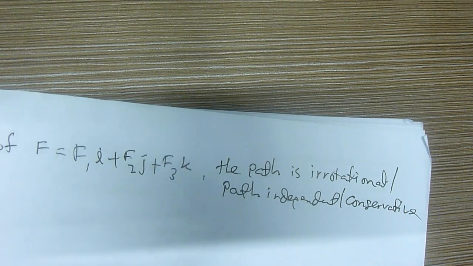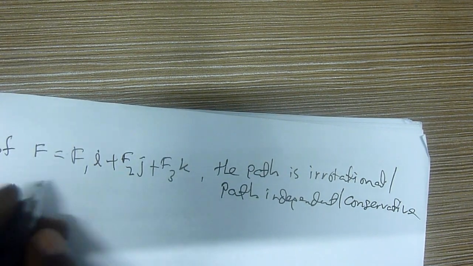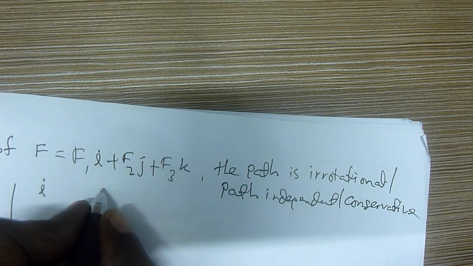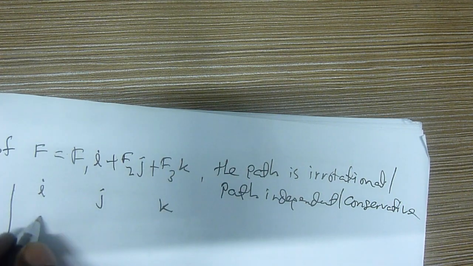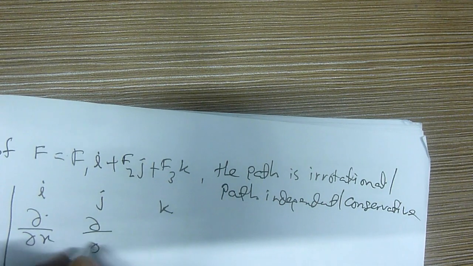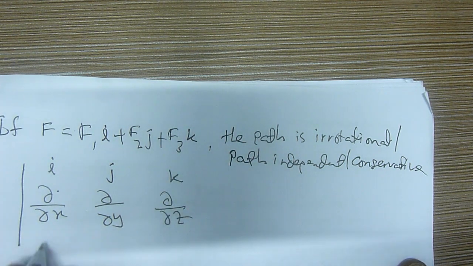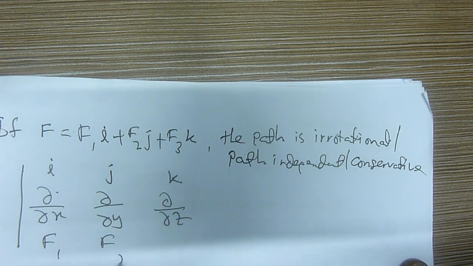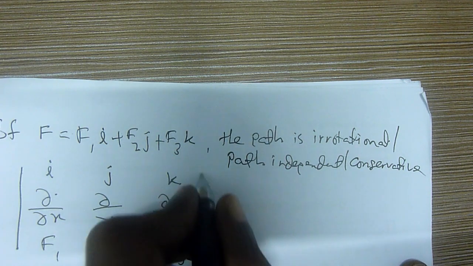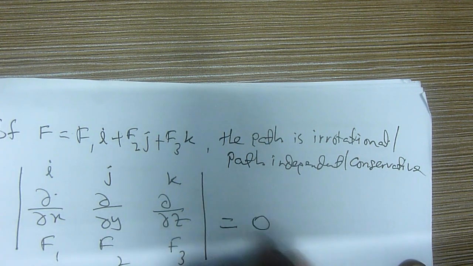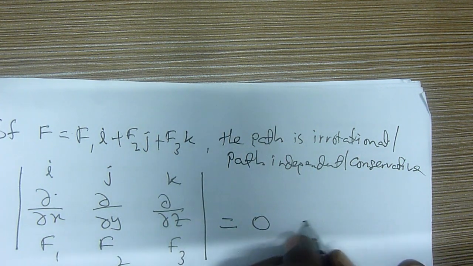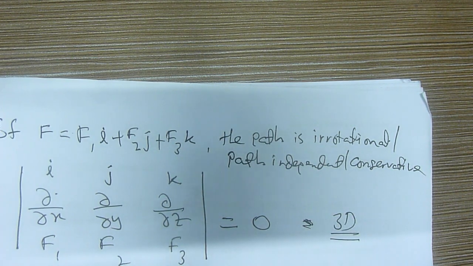For the case, the determinant of i j k, del x del y del z, f1 f2 f3, should be 0. For the 3D concept, you can see this is for 3D.